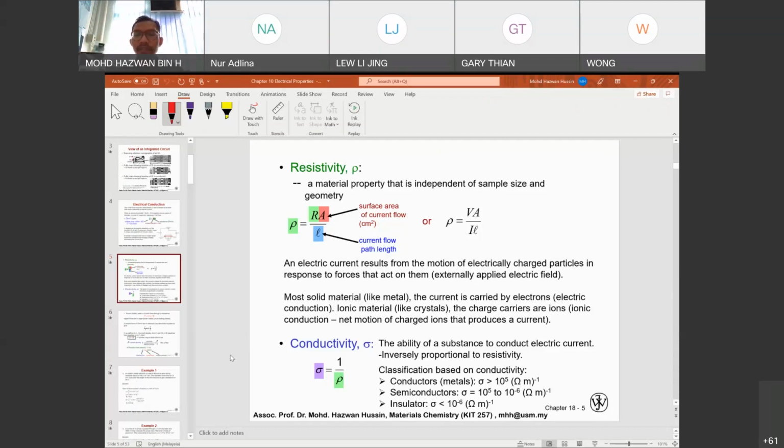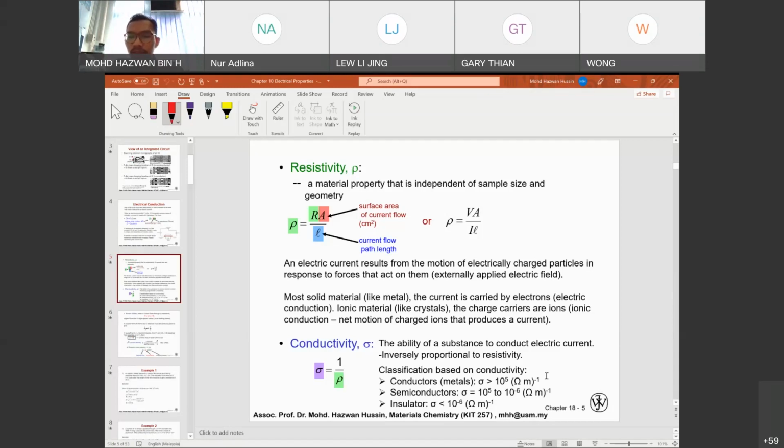Okay, so classification based on conductivity values. In order to identify whether a material is a conductor, semiconductor, or insulator, it depends on the value of conductivity that the material produces. For conductors, normally it should be above 10 to the power of 5 Siemens, or ohm over meter.